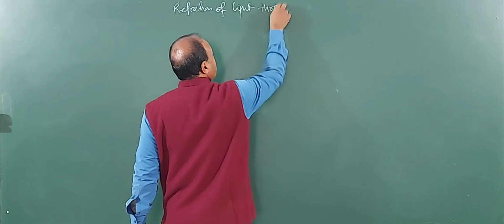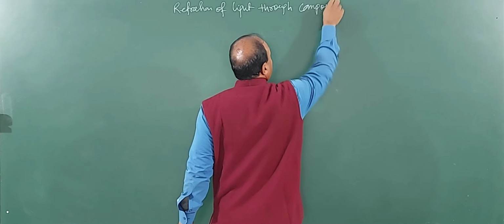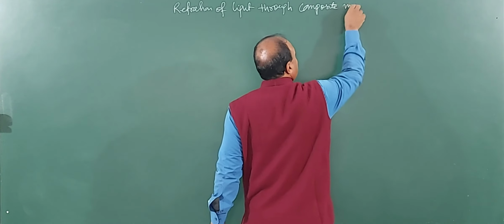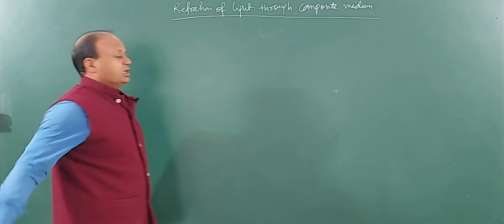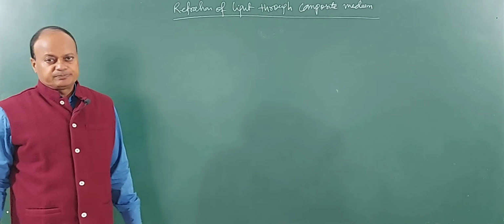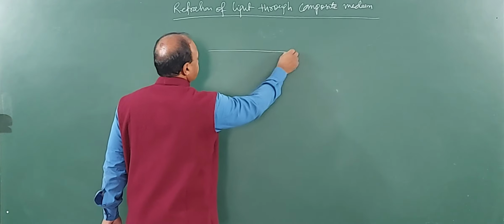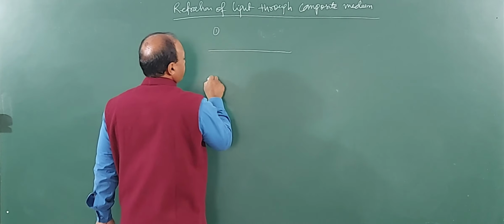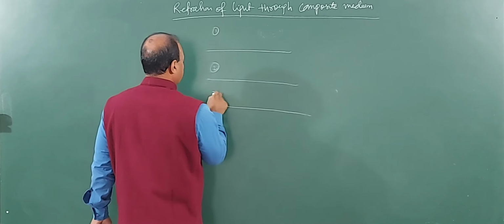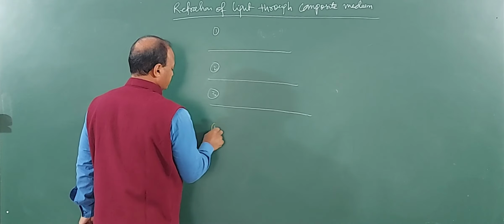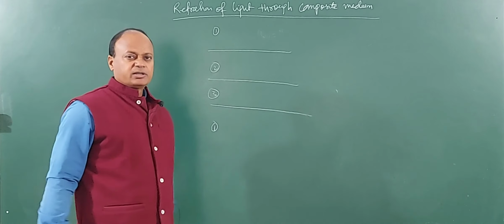The refraction of light through a composite medium. Suppose you have a medium, here we have medium 1, this is medium 2, medium 3, and this is medium 1. So it's a composite medium because it's made up of different media.